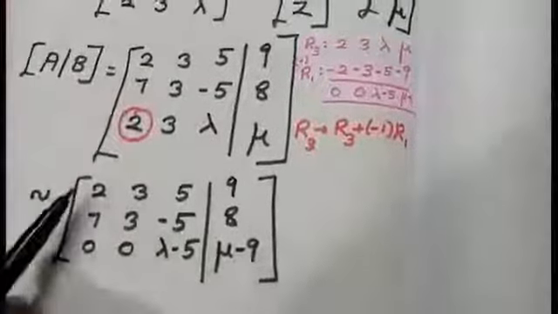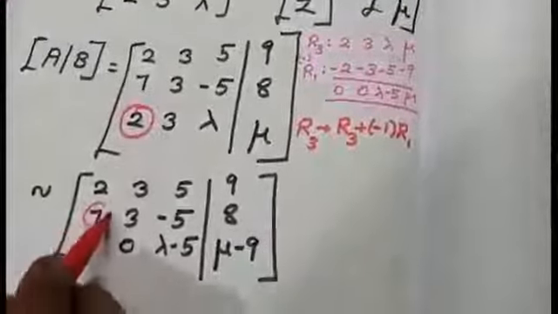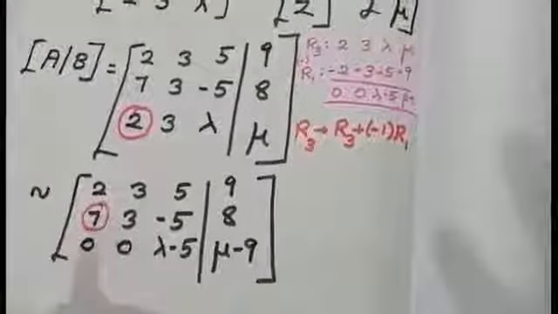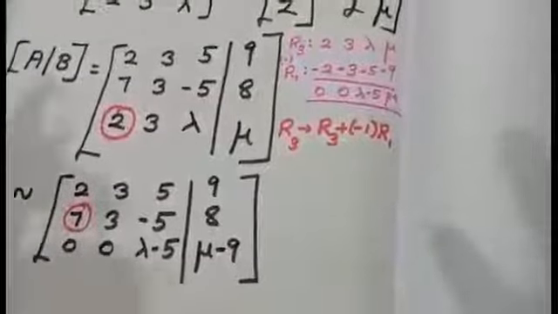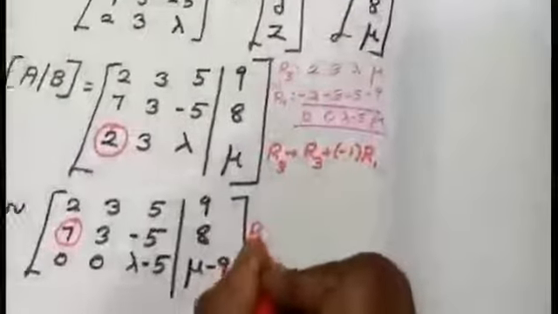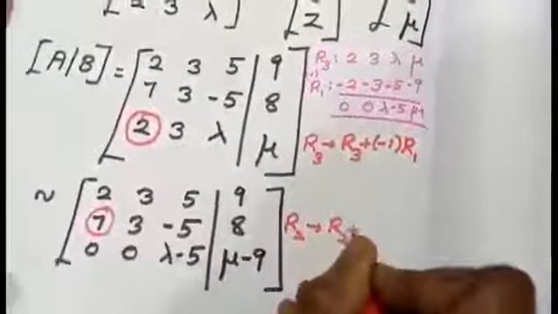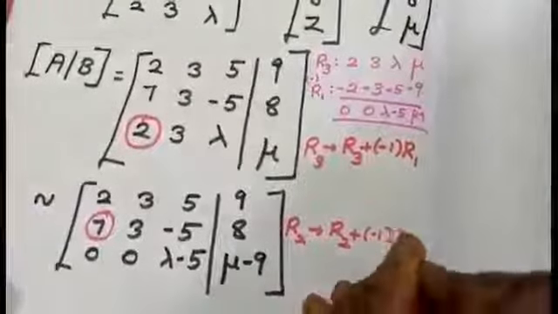The first 2 rows will be as they are. Now in place of 7 I want to bring the value as 0. It is not possible for me to bring it directly, so what I am going to do here is R2 implies R2 plus minus 1 R1.